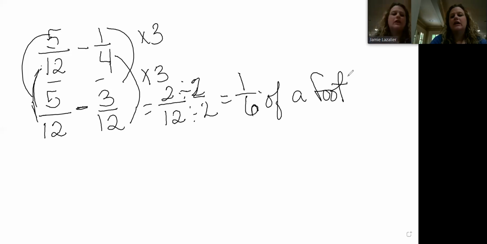Okay. Example 2 says, Jessie finished half her homework. Lakshani finished 4/5 of her homework. What fraction more of her homework did Lakshani finish than Jessie? Now, the important thing is this tells me what fraction more for Lakshani.